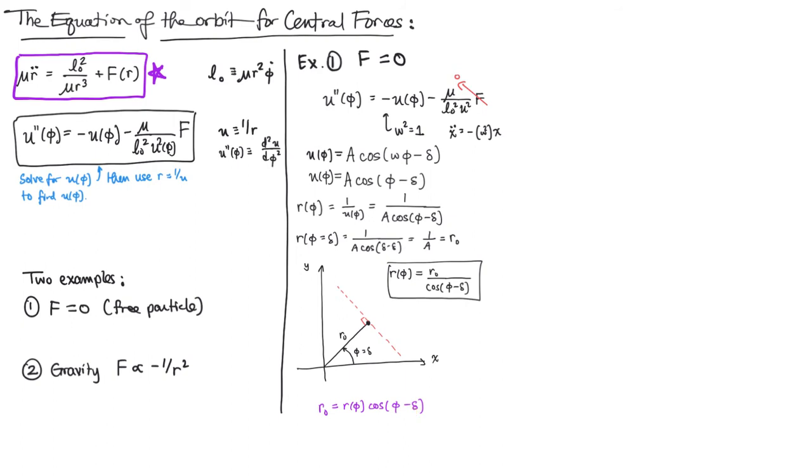Okay. So this motivates me to construct a right triangle with hypotenuse r of phi. So if I think about this red dashed line perpendicular to the segment of length r naught, the hypotenuse would be opposite that right angle. We'll call that r of phi.